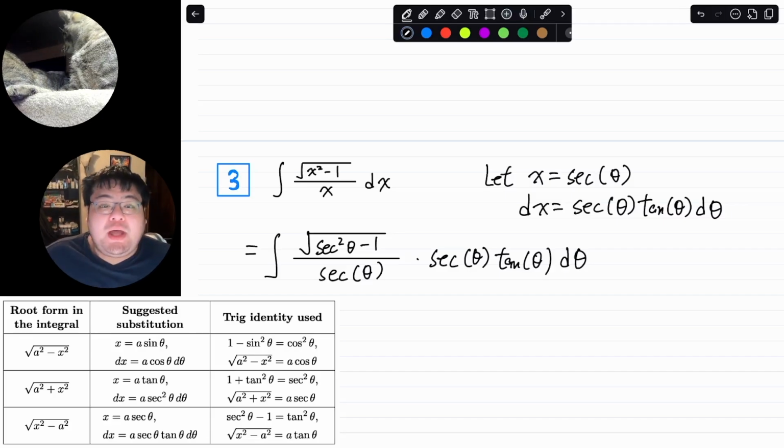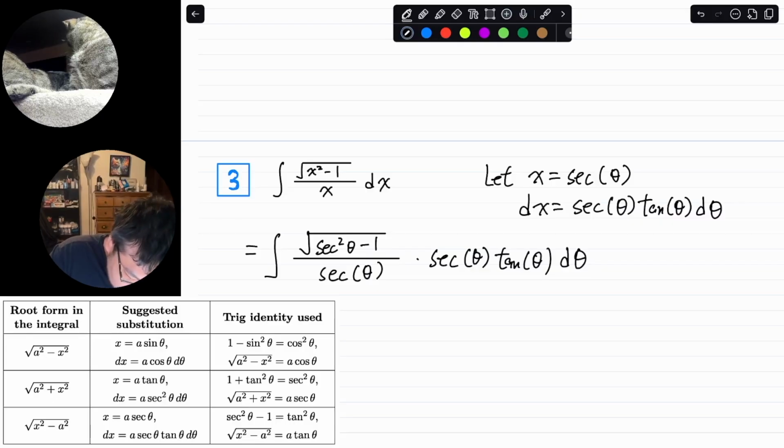So, again, we're using our trigonometric identities. We know that secant squared theta minus 1 is just tangent squared theta.